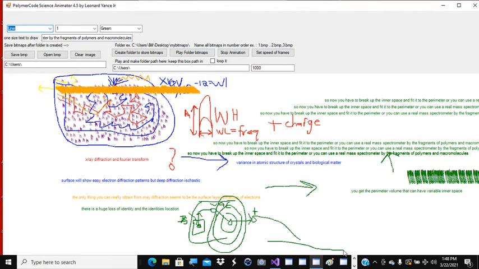And then it lands on a detector of mass.